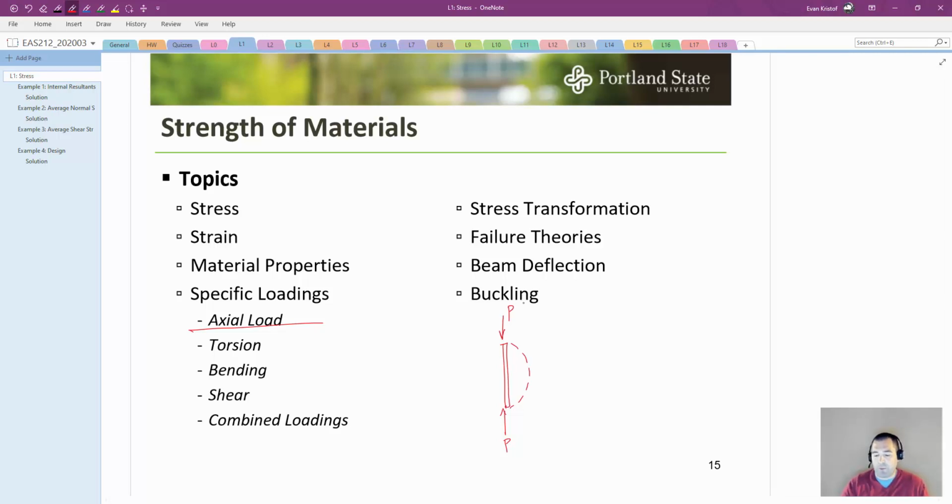And we want to be able to calculate what that is. It's called P critical. And in order to derive what that anticipated value would be, we need to understand how beams deflect. And so that's why this comes after the chapter 12 beam deflection.